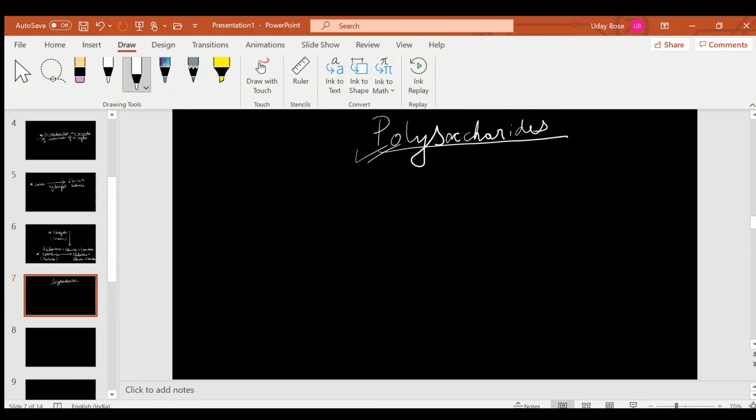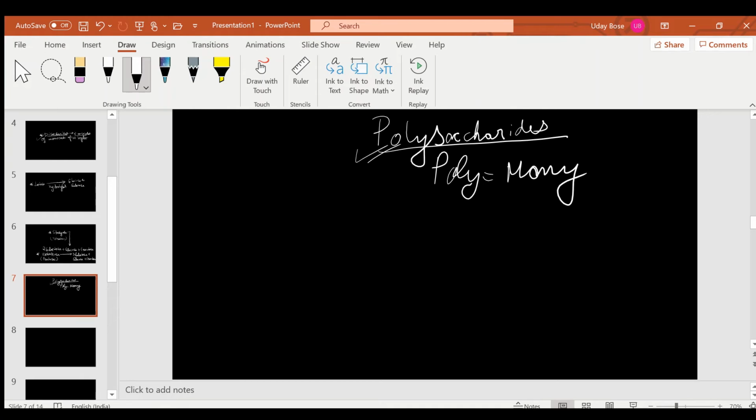So polysaccharide, poly means many. Unlike oligosaccharide, poly means many. And polysaccharides are polymers of monosaccharide units. Many units of monosaccharides will combine to form polysaccharides with very high molecular weight, which could be up to millions.